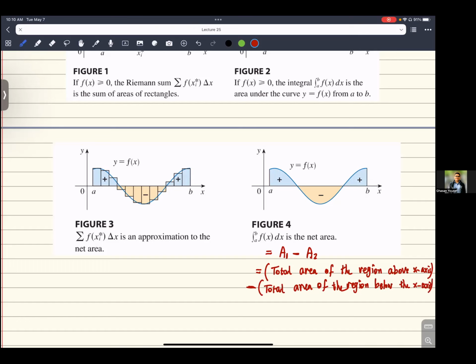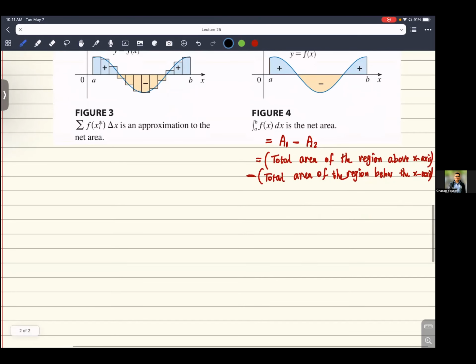That's the net area. So when the function takes different values, positive and negative, you have to find the net area. Okay, I'll give you an example.